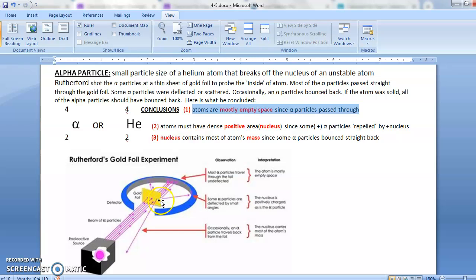Since some of these positive alpha particles deflected to one side or the other, Rutherford realized that there had to be a positive area inside the atom, which he called a nucleus, which deflected or scattered the alpha particle. Every now and then, one of the alpha particles came flying right back, which meant that inside the atom there had to be a tiny, tiny, highly dense area which would cause that alpha particle to smash and bounce right back.